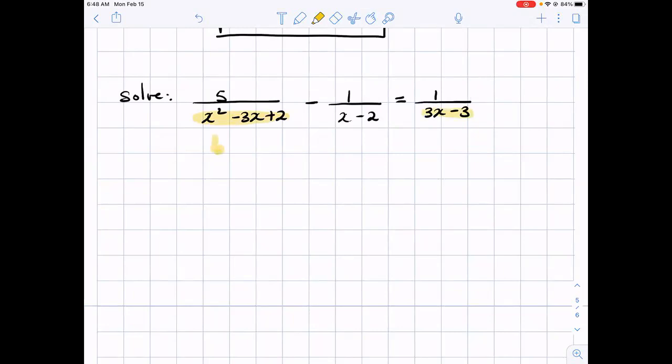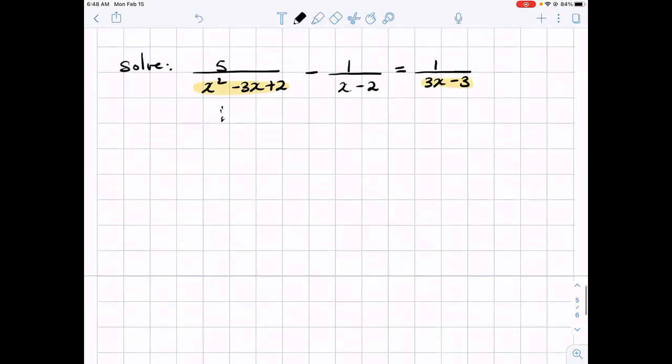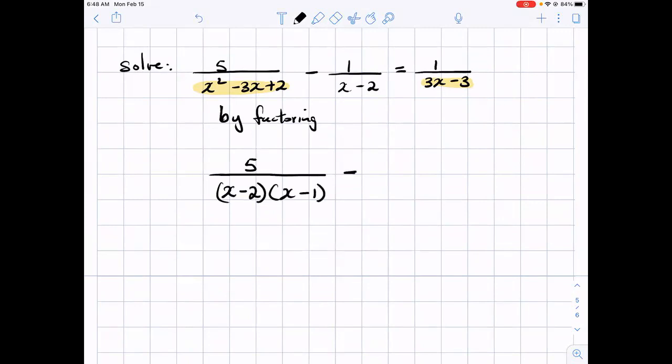So by factoring, we have 5 over, if we factor this denominator, x minus 2 times x minus 1, minus 1 over x minus 2, equal to 1 over, by factoring here, 3 times x minus 1.